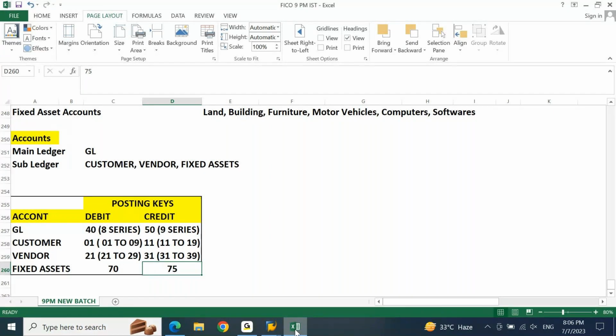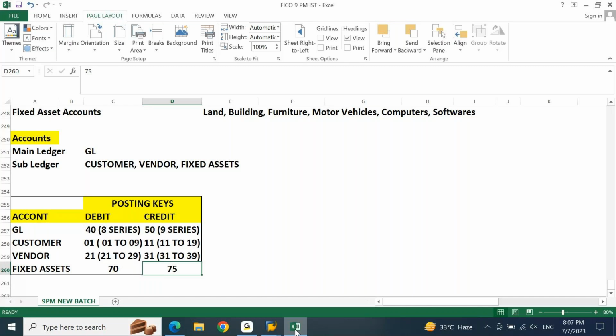Similarly, for your customer, 01 is the standard debit. Otherwise, anything from 01 to 09, in short 1 to 9, is your customer debit. 11 is your standard customer credit, or anything from 11 to 19. For vendor, 21 is a standard debit, or anything from 21 to 29 is vendor debit.